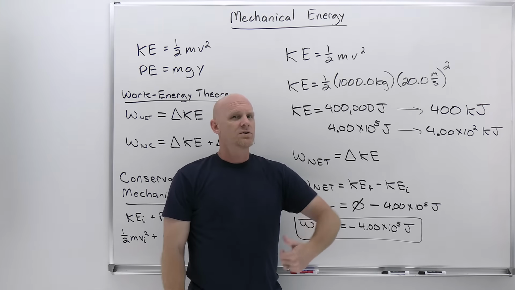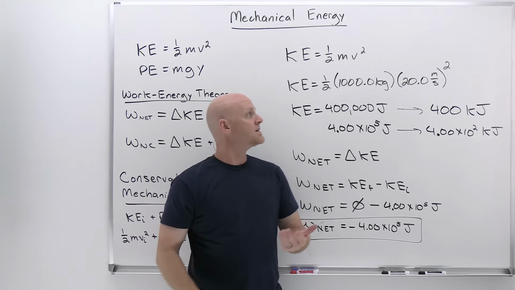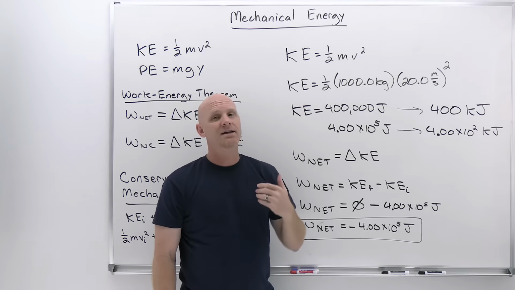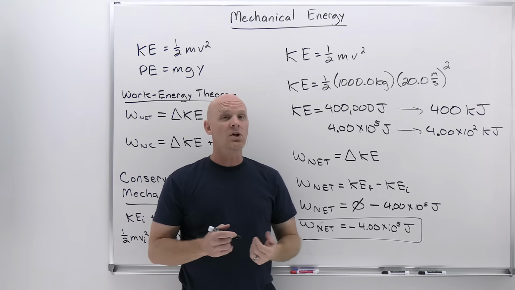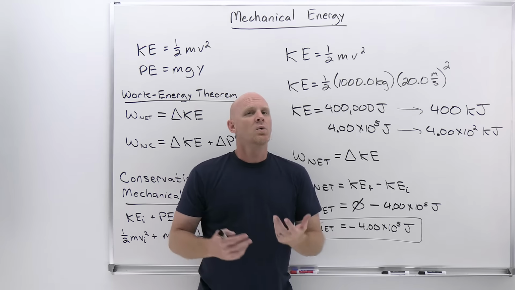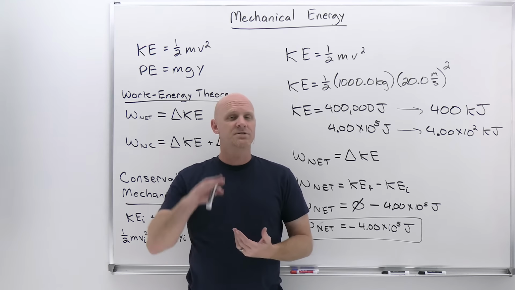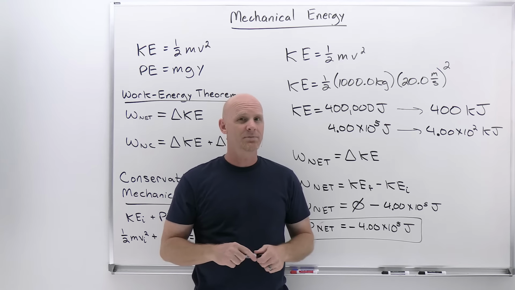So again, when we do net work here, that's negative, this means the object is slowing down. And indeed it is. It had initial velocity of 20 meters per second. It ends up at rest with no velocity. That definitely corresponds to a loss of kinetic energy and therefore negative work being done. So when work net is negative, the object is slowing down. When work net is positive, that object is speeding up instead.